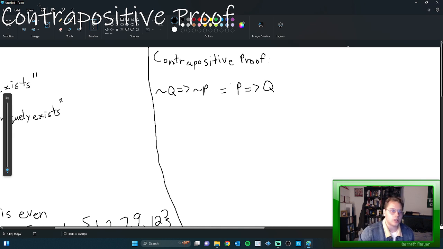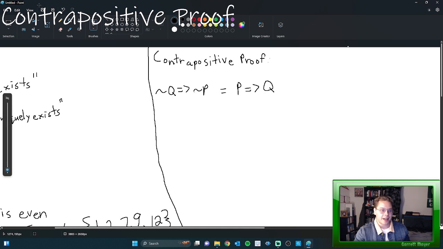And this makes intuitive sense, because if you know that if P is true, then Q is true, that also seems to imply that if you know that not Q is true, that also means not P is true, by that same sort of truth table logic, and then basic intuitive logic on how the situation works as well.